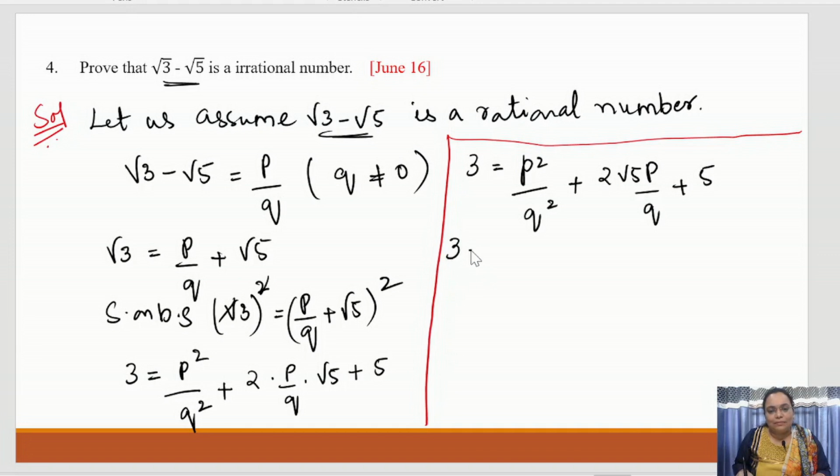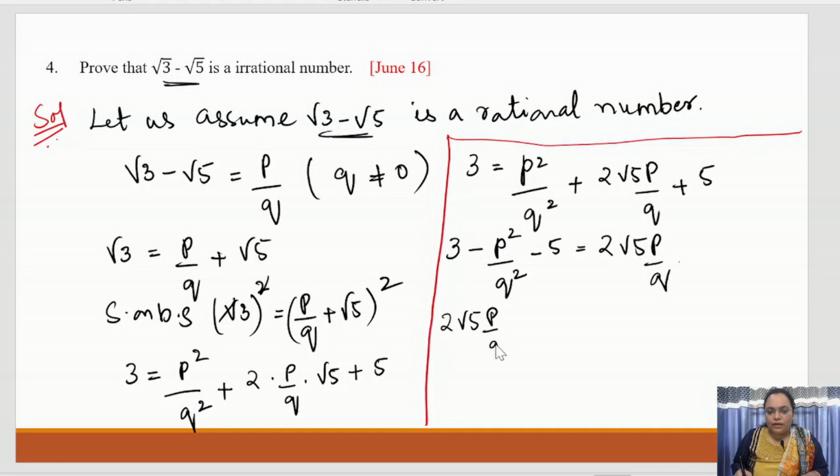Let us send p square by q square and plus 5 to LHS. This will be 3 minus p square by q square minus 5, and let us keep this term in RHS only, which is 2 root 5 p by q. So I can write 2 root 5 p by q is equal to minus p square. If we take LCM, this will be minus p square minus 3 minus 5 is 2, so minus 2q square.